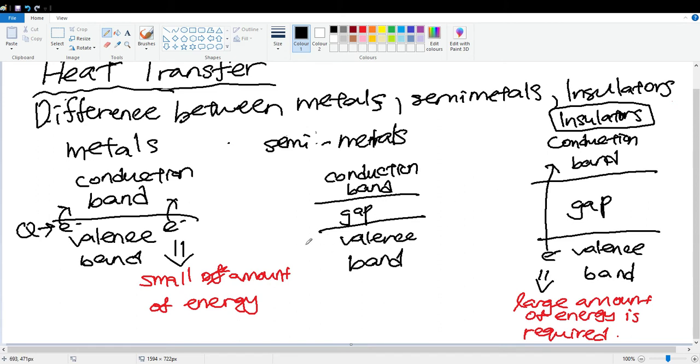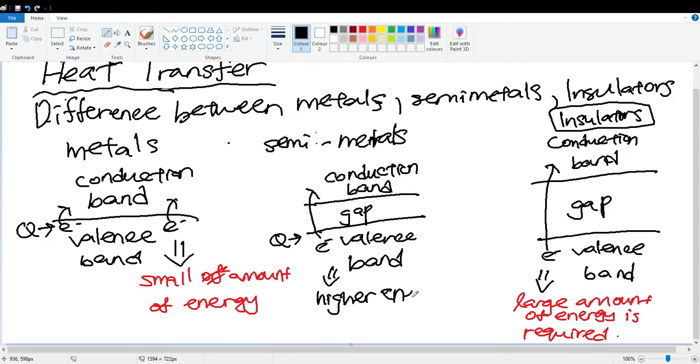So when heat is supplied, the electron is able to jump from the valence band to the conduction band to be the free moving electrons in order to conduct heat.